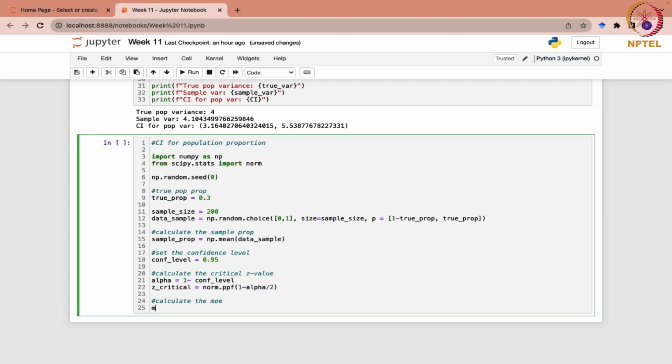Margin of error in this case would be z critical into np.sqrt of sample_prop into 1 minus sample_prop, divided by the sample size. That is, z alpha by 2 times the square root of p into 1 minus p divided by n.